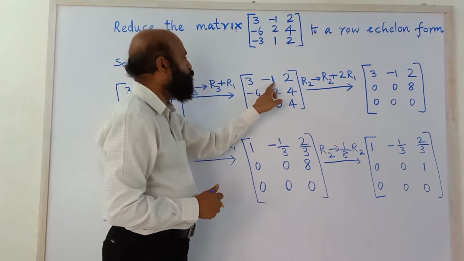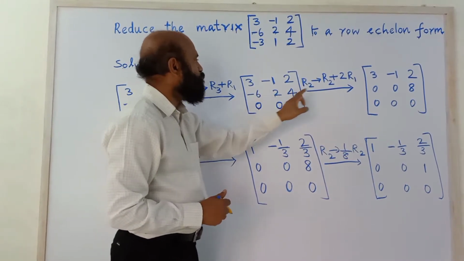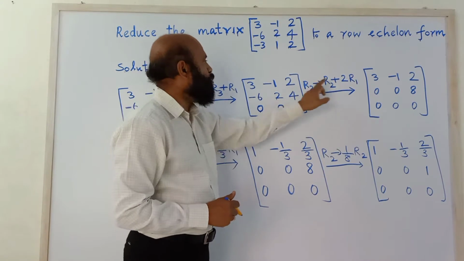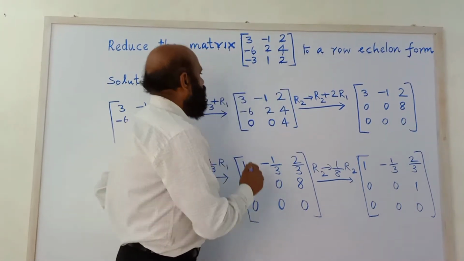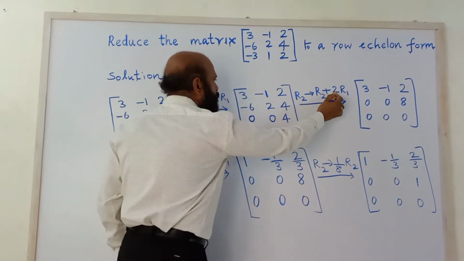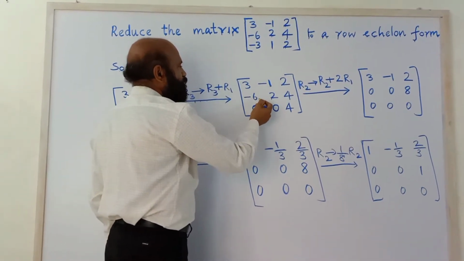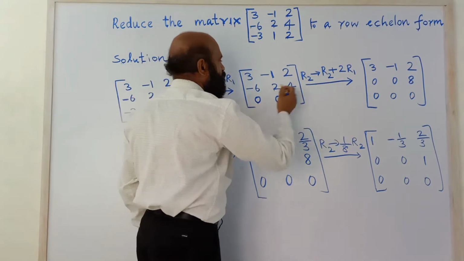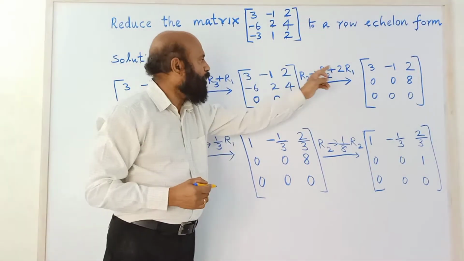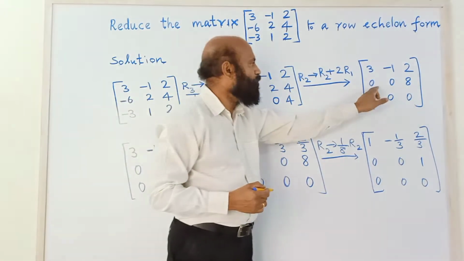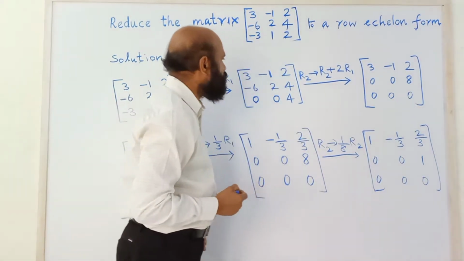Minus 1 into 2, minus 2 plus 2. So 0. 2 into 2, 4. 4 plus 4, 8. Every element of this row is multiplied by 2 and added to this. So the second row is replaced by multiplying this row by 2 and adding to that. So we got 0, 0, 8.